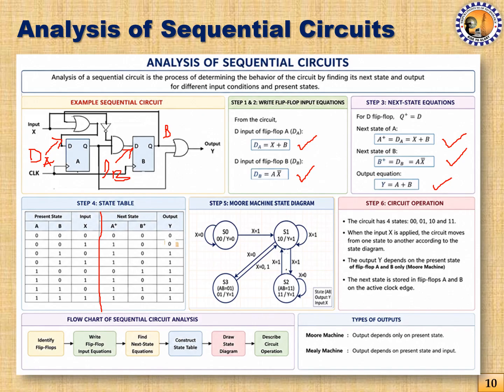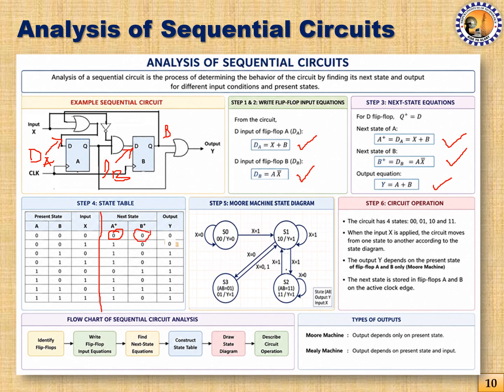In the first row, A is equal to 0, B is equal to 0, X is equal to 0. So if we put these values, we will get A plus equal to 0. That's why this 0 is here. Then if we apply the same thing at this input, we get 0 for this also.